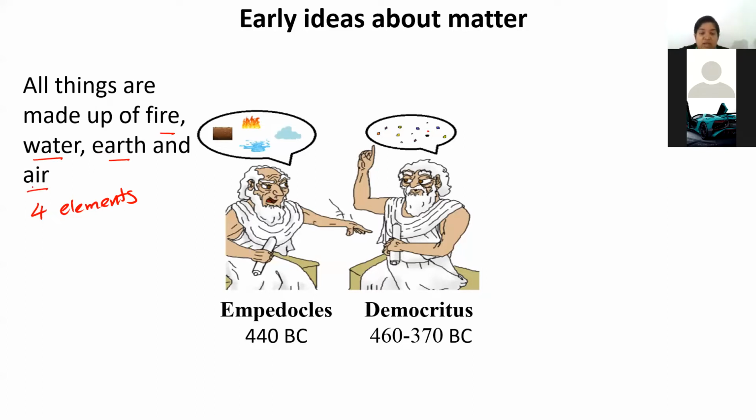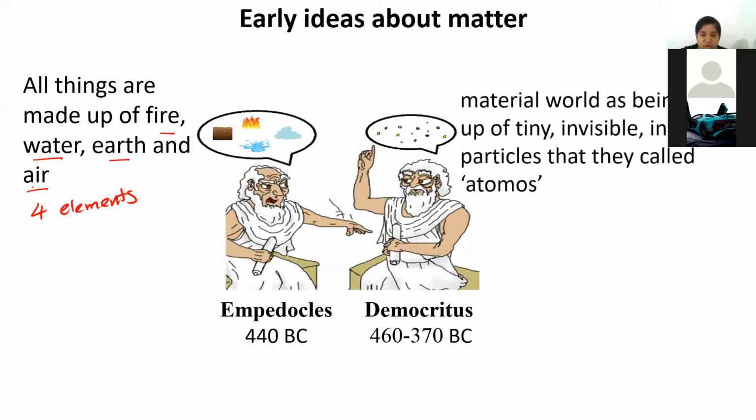And then another philosopher named Democritus proposed that matter is made out of tiny, invisible, and indivisible particles. So his argument is that matter is made out of these invisible and indivisible particles.